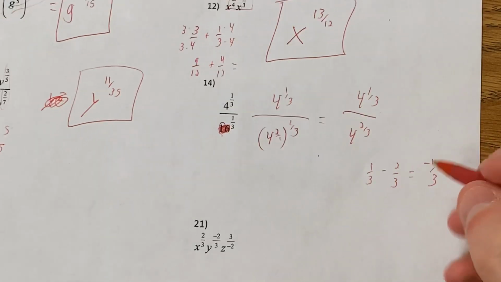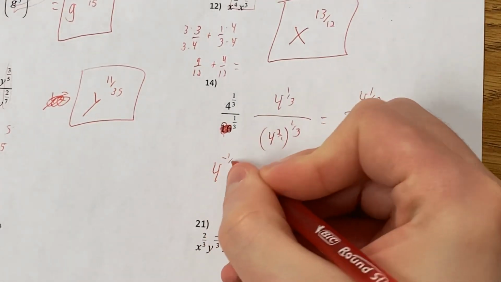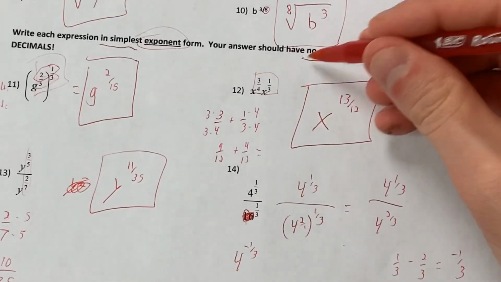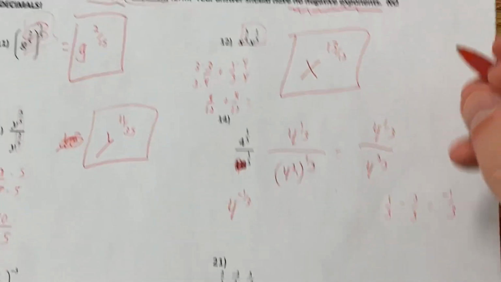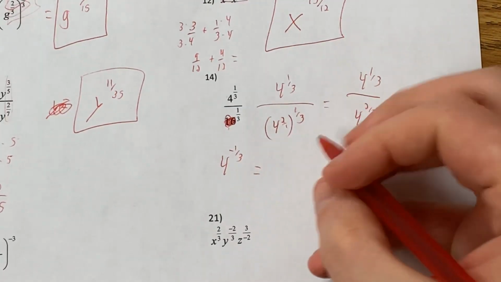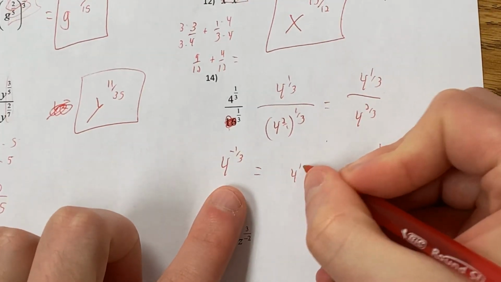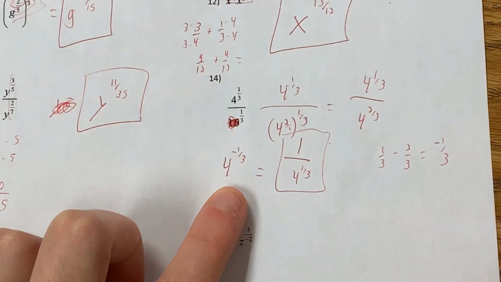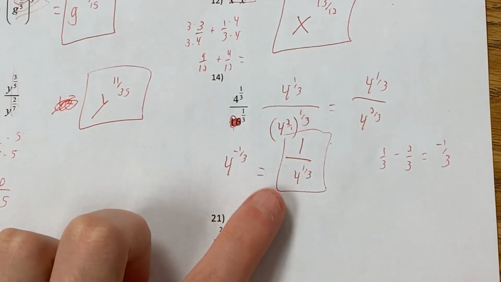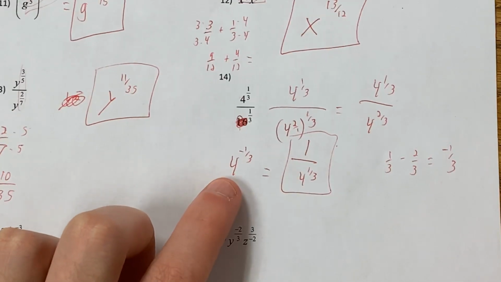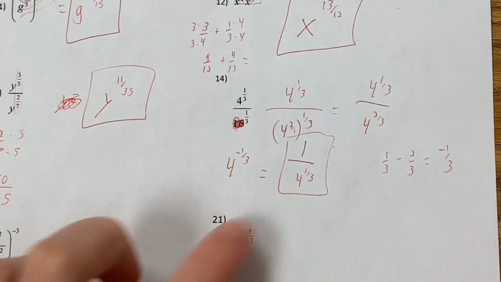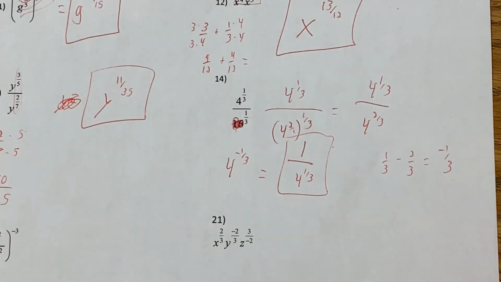So unfortunately, we do get a negative exponent here, which means we can't be done because once again, it says up here no negative exponents. So what you do is you change it to a positive, but you put a 1 on top. You're flipping it. Negative exponents flip things into fractions. So 4 to the negative 1/3 is equal to 1 over 4 to the positive 1/3. And that's the final answer.